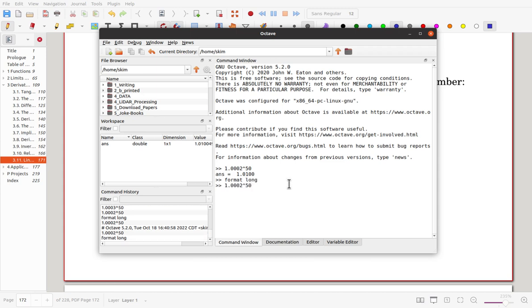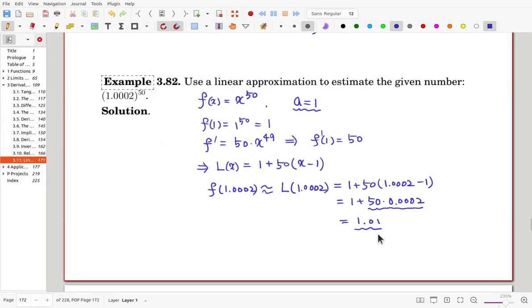And again, we write it down, then we can see the exact value is 1.010049 and so on. So the error is about 10 to the minus 5, on the order of 10 to the minus 5. That means this approximation is really a good approximation.